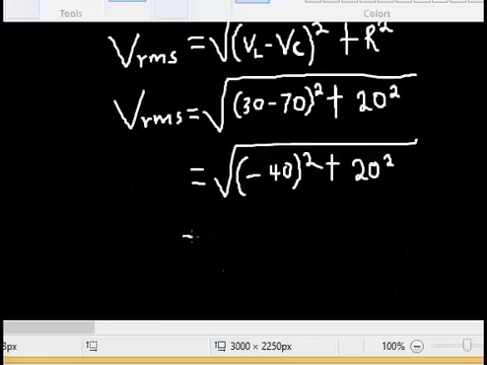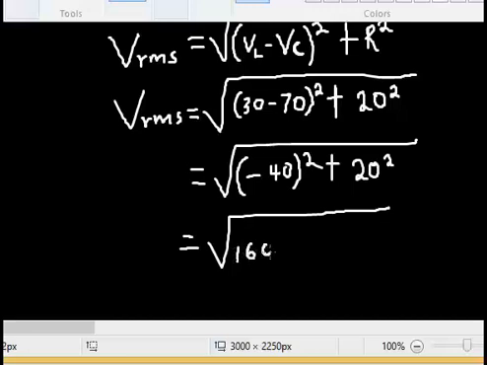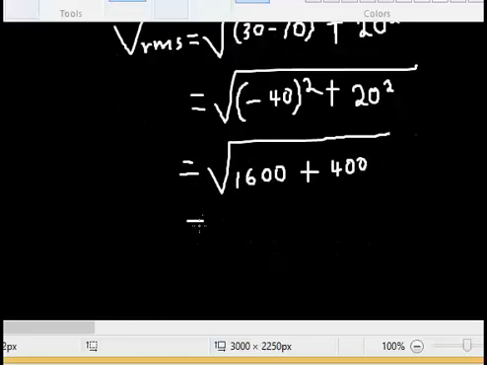Okay, so it's going to be equal to 40 squared. All right, so give me 1600 minus 40 squared, right, is 1600. Then 20 squared is 400. So which eventually gives 2000, right?